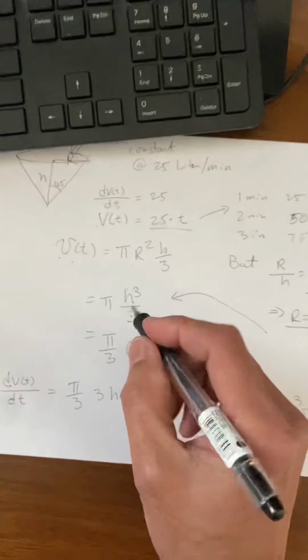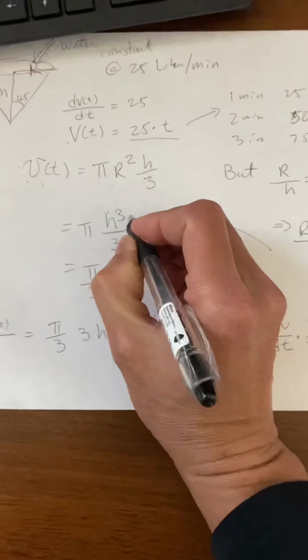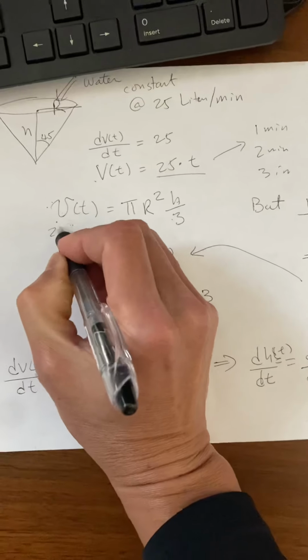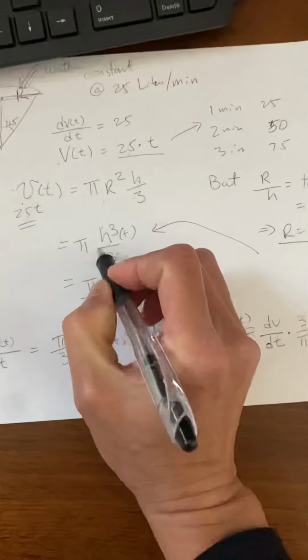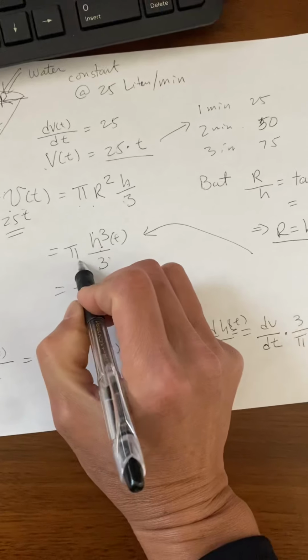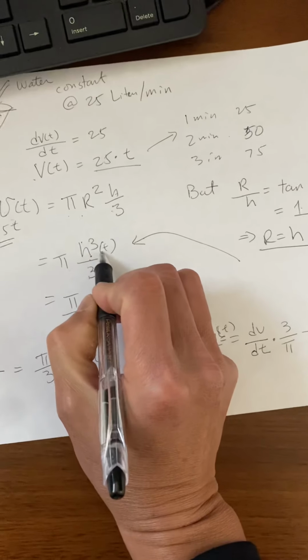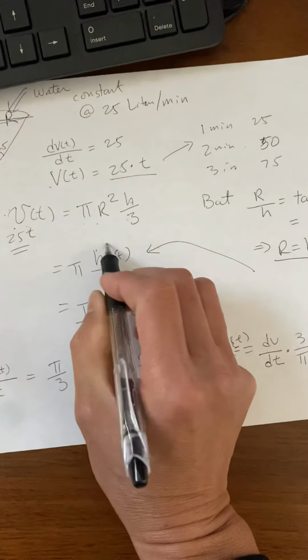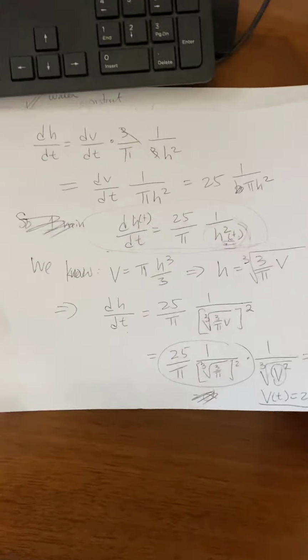So at any given time, you've got 25t here equal to pi times height at any given time to the third power divided by 3. So you can solve for h.